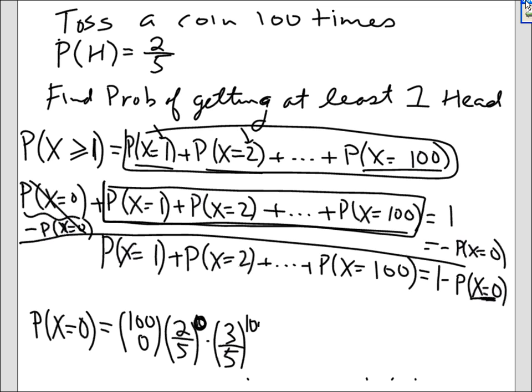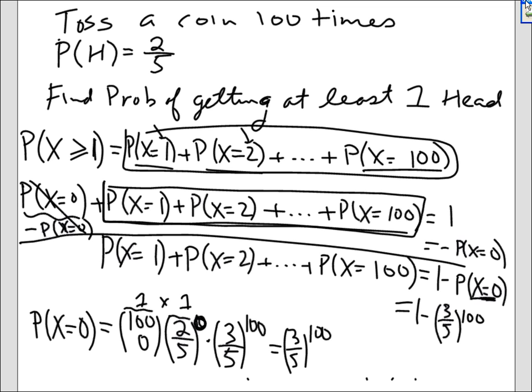And we want 100 of them. If you think about it, this is 1, and anything to the 0 is 1. 1 times 1 is 1, times 3/5 to the 100 is just 3/5 to the 100. So the answer is going to be 1 minus whatever 3/5 to the 100 is.